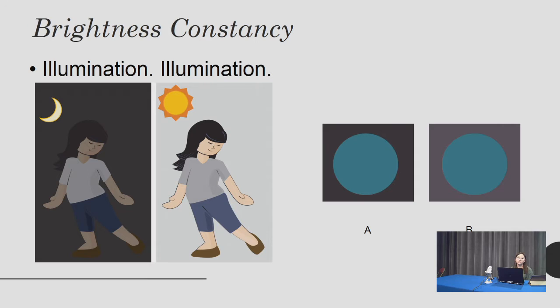Why? Because of the illumination. The definition of brightness constancy is that no matter how the illumination around the object changes, the color still remains the same.